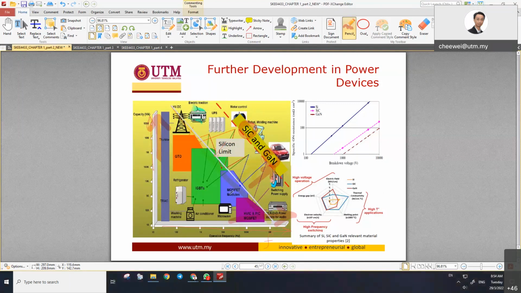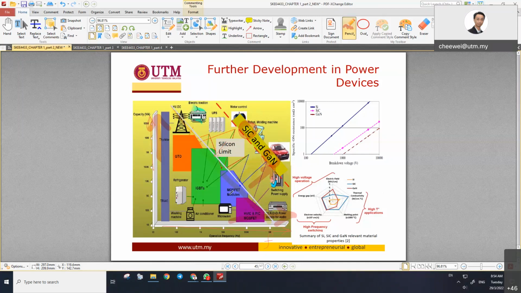For example, the wind turbine that we mentioned previously, because the capacity of wind turbines is increasing from year to year. If in another 5 years the wind turbine is very big and you don't have a proper switch to operate it, it cannot work.